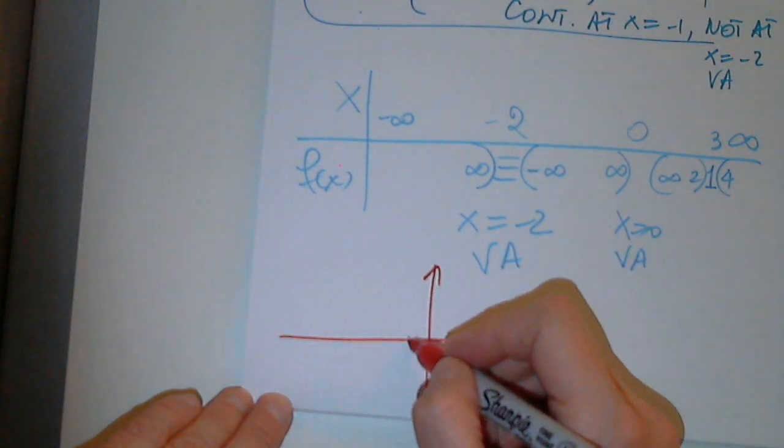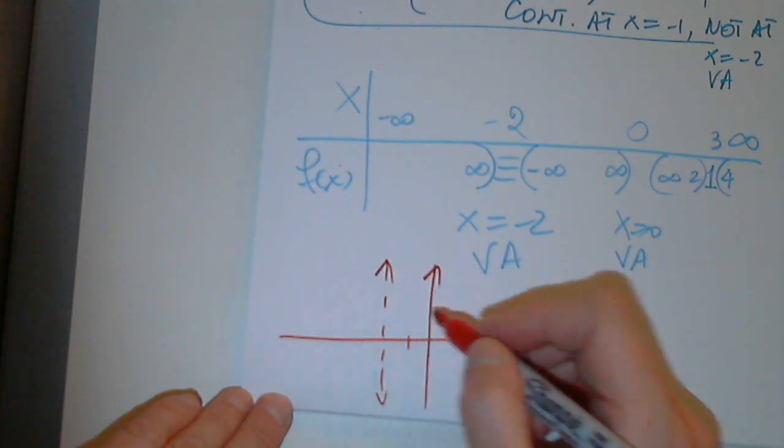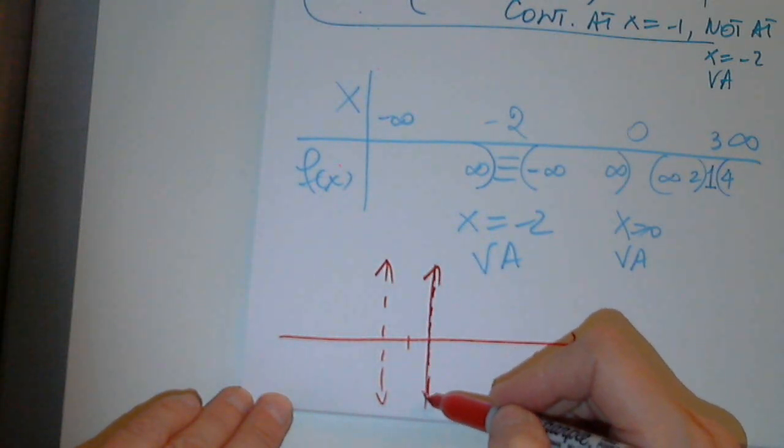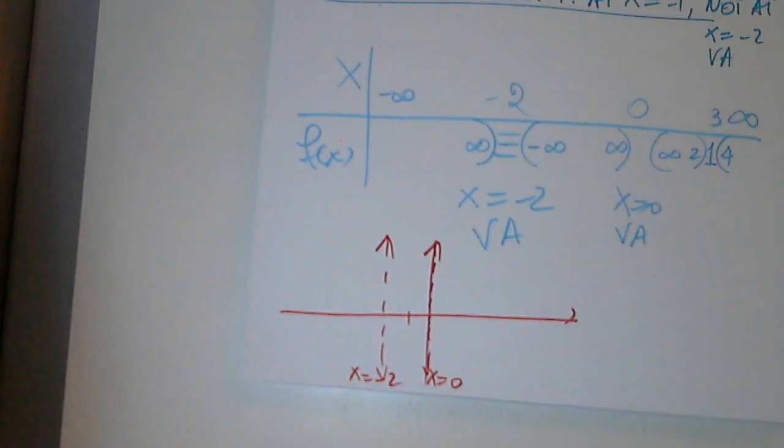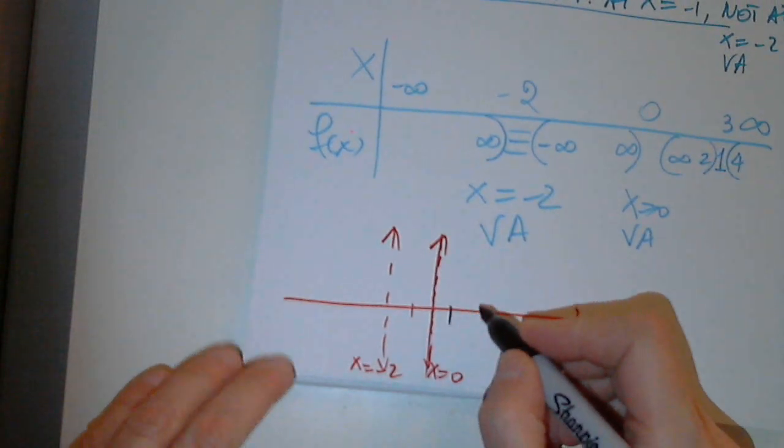I will graph x equals -2. This is an overkill, there is no need. x equals 0 and x equals -2 are vertical asymptotes. I will plot the point (3, 1).